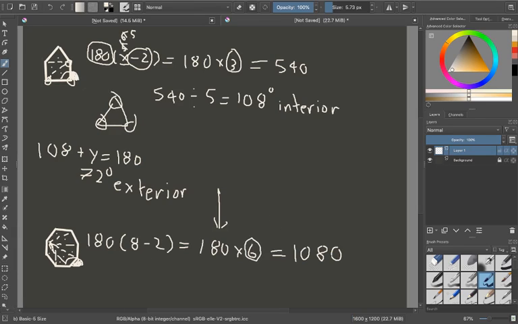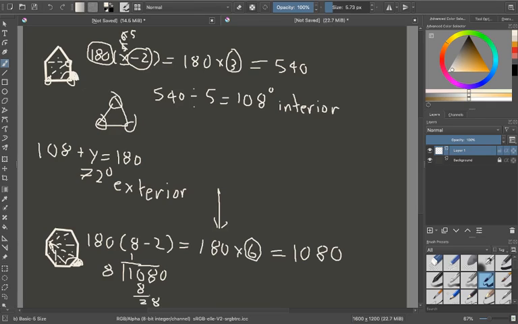So 1080 divided by 8, because we got 8 as our number of sides. It goes into 10 one time. 10 minus 8 equals 2.